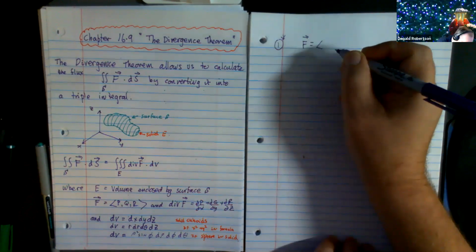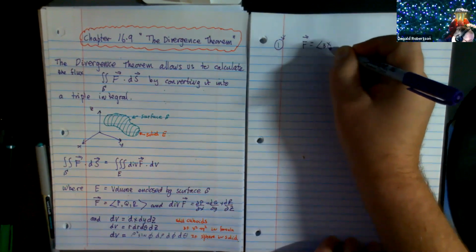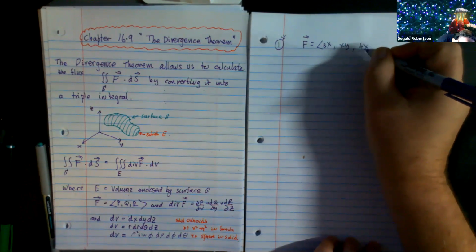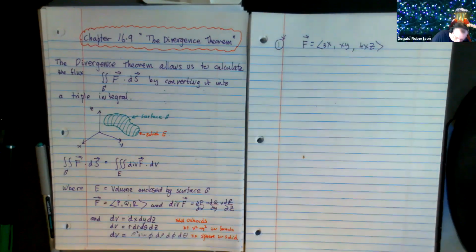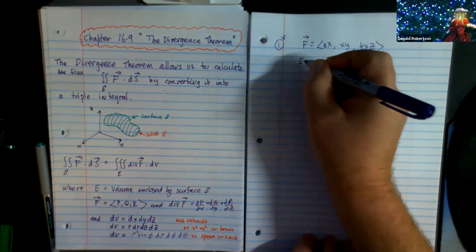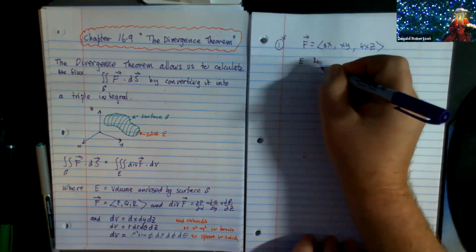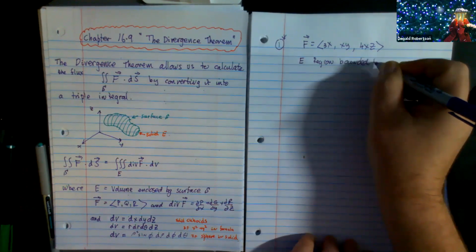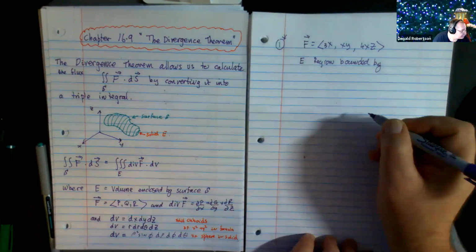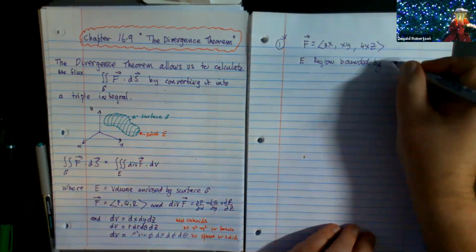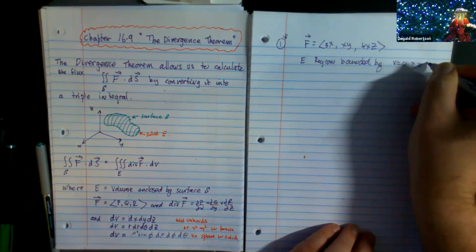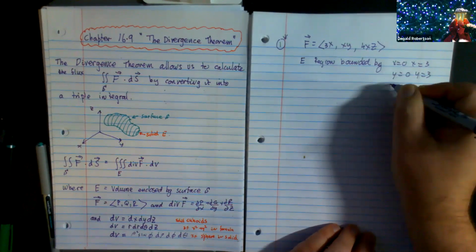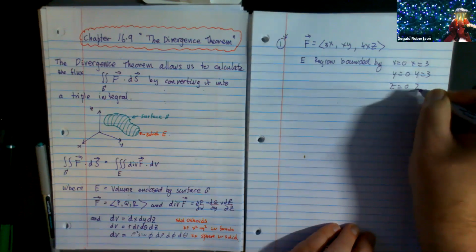F is going to be 3x, xy, 4xz, and the solid E is going to be the region bounded by, what's it bounded by? x equals 0 to x equals 3, y equals 0 to y equals 3, z equals 0 to z equals 3.